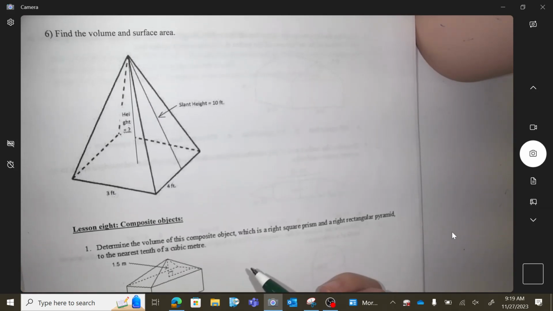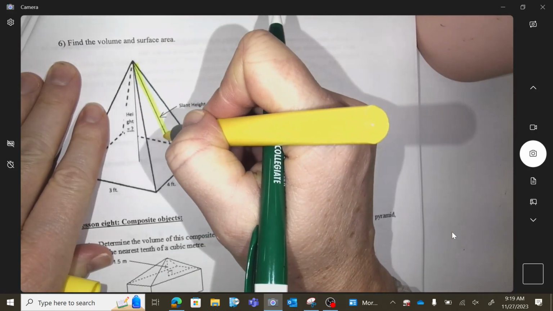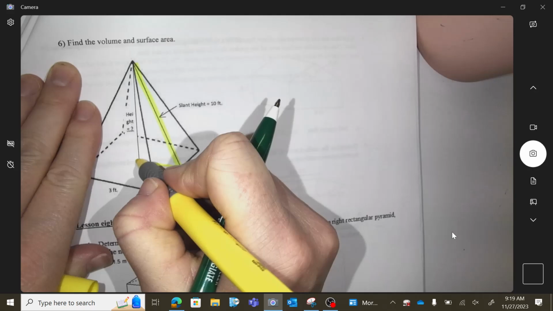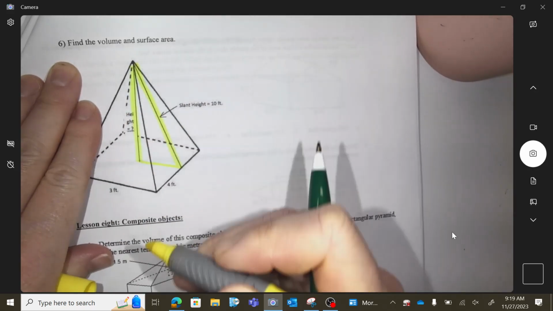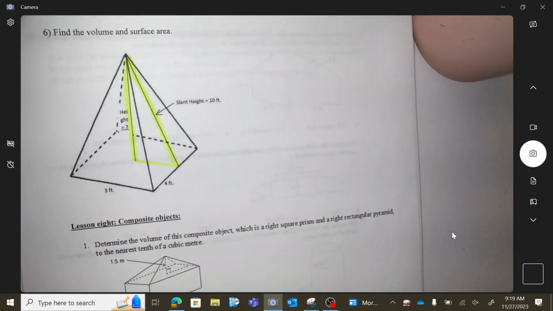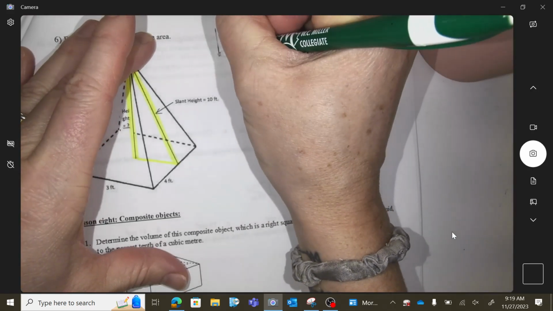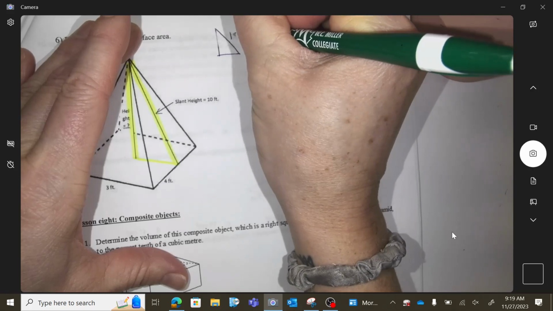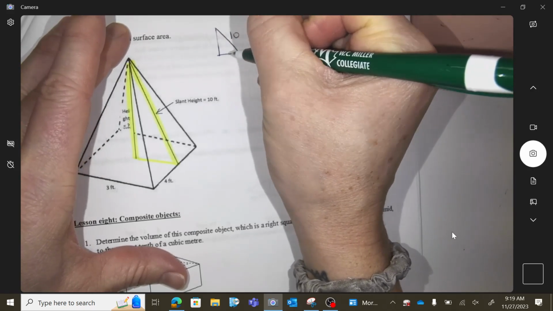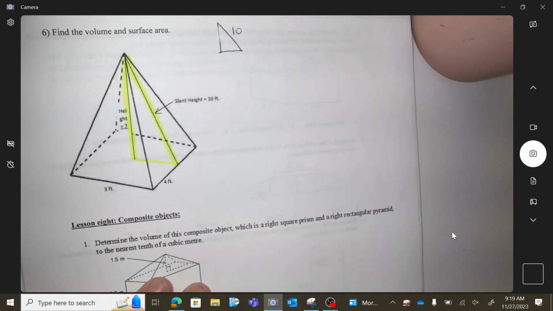Okay, page 13, the top of page 13. So here's what we have. This is a slant. Can you visualize that triangle? It's inside the object, right? Okay, so the slant was 10.